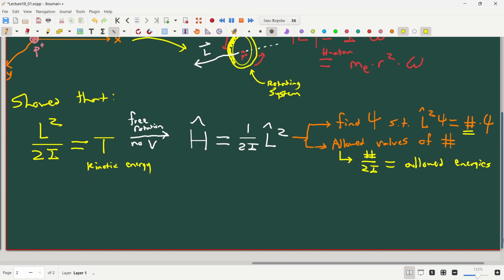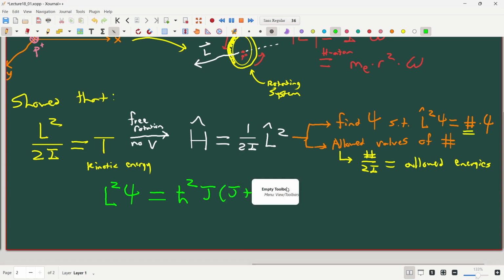Okay? So I didn't go through this math with you. We didn't actually derive them. I just gave you the results, and the results are very nice. We find that when we apply L squared to our wave functions, we get h bar squared times this new number j times j plus 1 times psi.